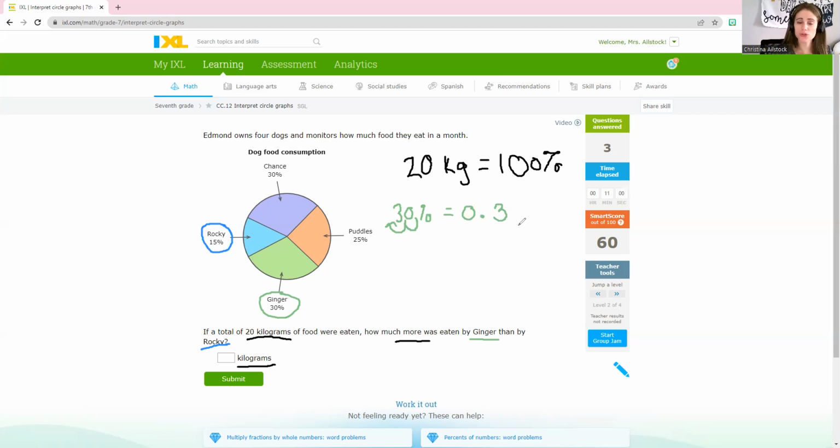And then we multiply that by whatever we're dealing with. So in this case, the 20 kilograms. So we're going to take our 20 kilograms and multiply that by 0.3.